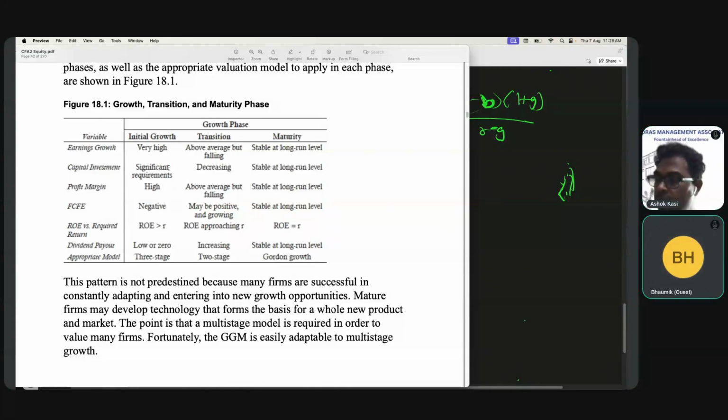Similarly, capital investments are initially a significant requirement, then decreasing, then stable. Just go through this table.